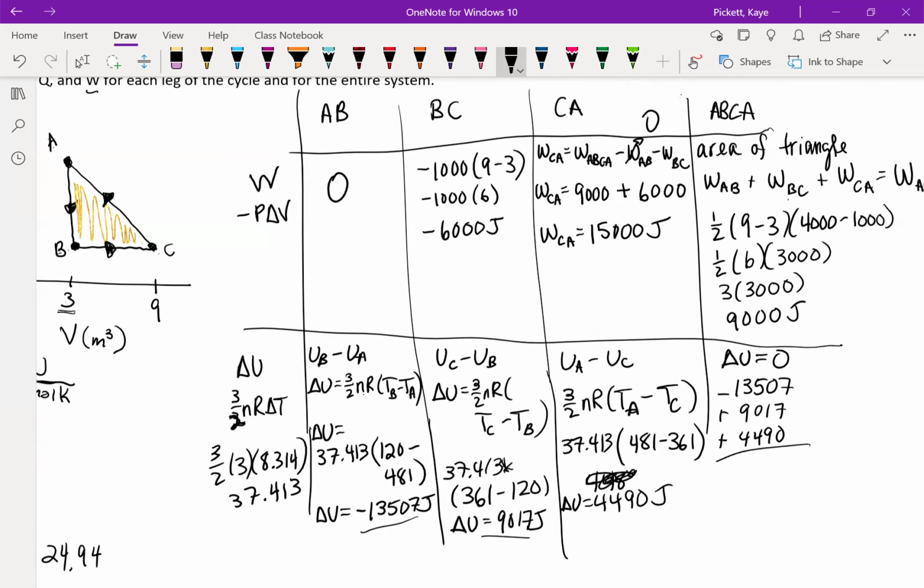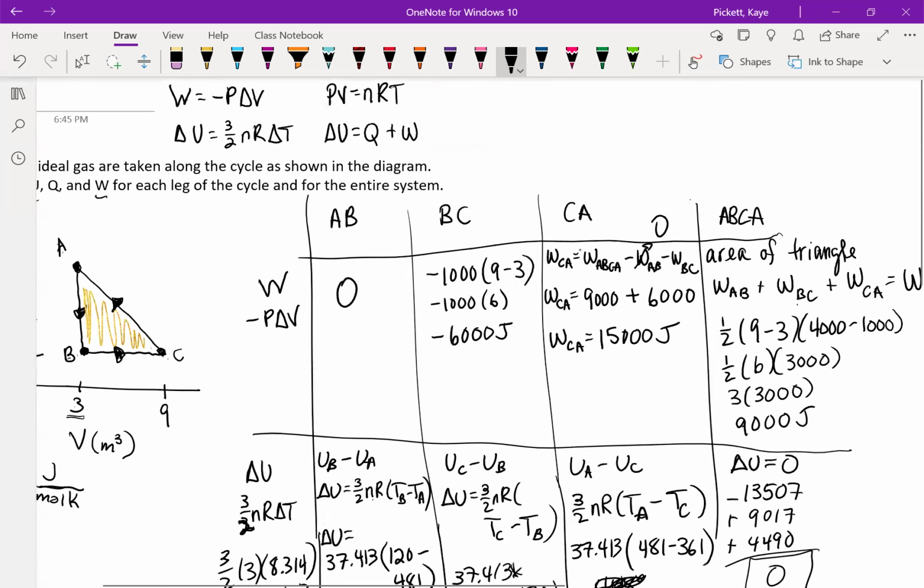Lo and behold, I got 0. I absolutely got 0 there. So we basically have just proved that all of these changes in internal energy complete the cycle. Those were the hard parts. That was really hard.